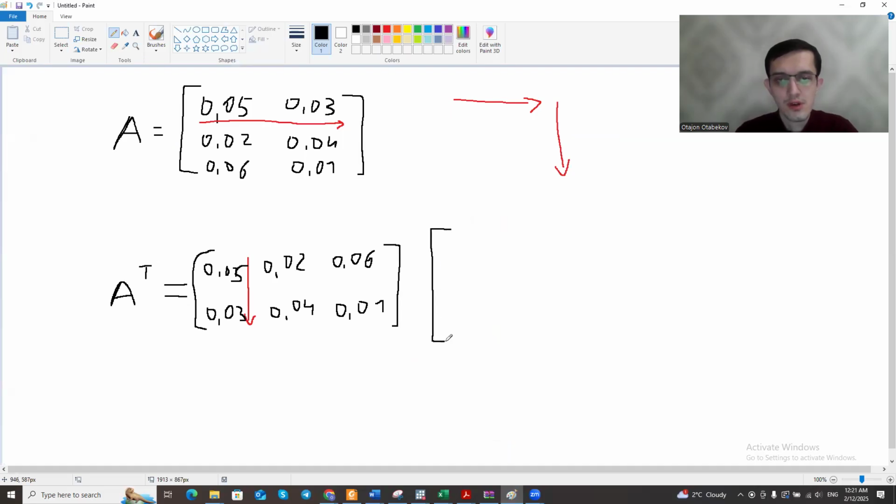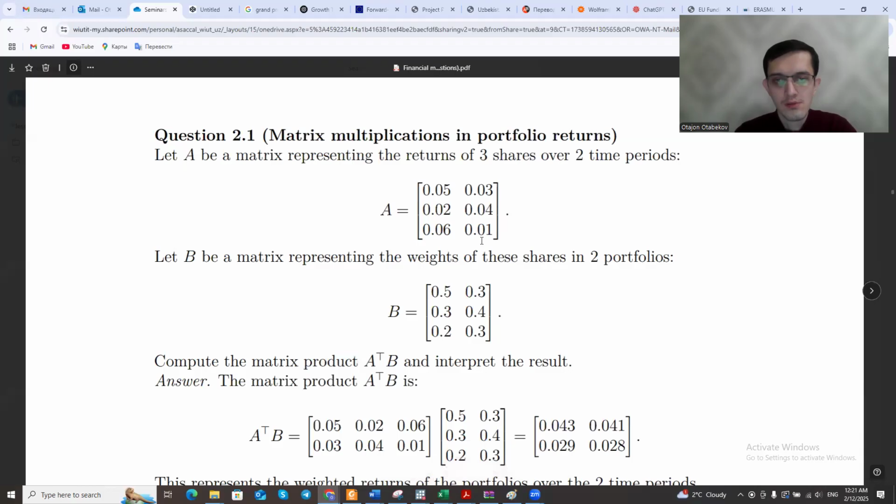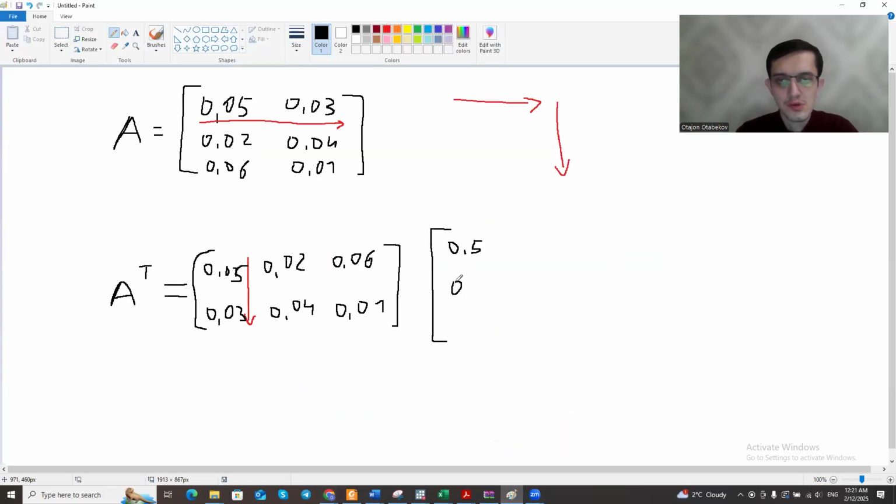Here I'm just copying the matrix B. It is 0.5, 0.3, 0.2. Then 0.3. Then 0.4. 0.7.